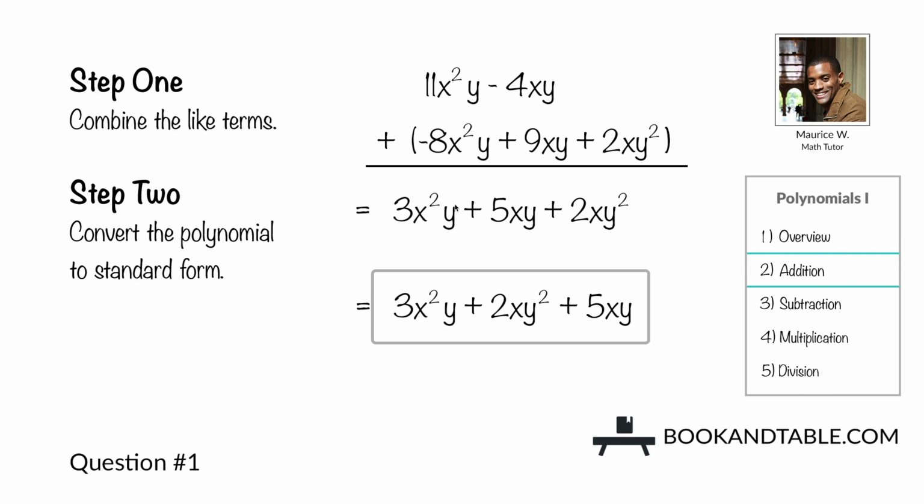So to convert the polynomial to standard form, 3x squared y plus 2xy squared have to go before 5xy, since both of these terms have a degree of 3 and 5xy has a degree of 2. So the final answer in standard form is 3x squared y plus 2xy squared plus 5xy.